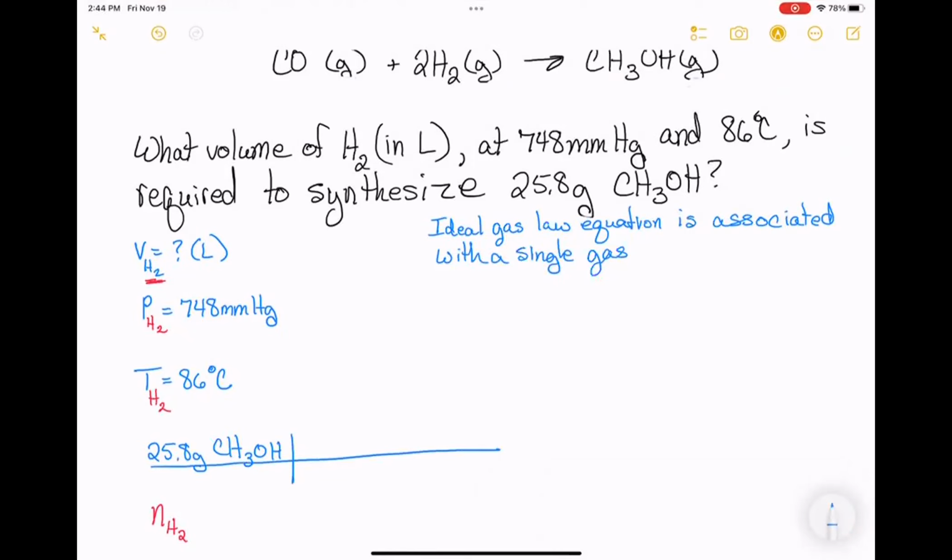The molar mass of methanol is 32.042 grams of methanol is 1 mole of methanol. And according to our balanced chemical equation, for every 1 mole of methanol that's formed, you need 2 moles of hydrogen.